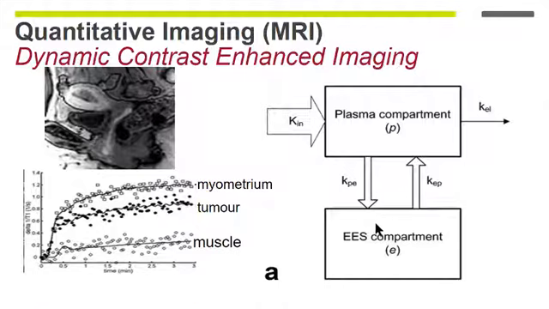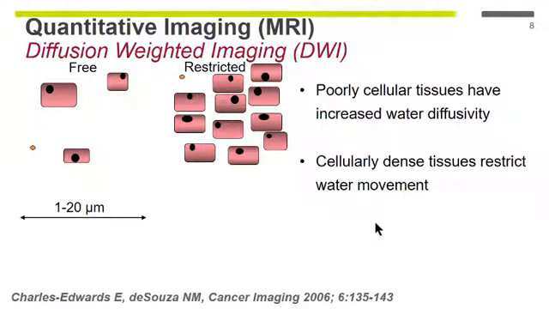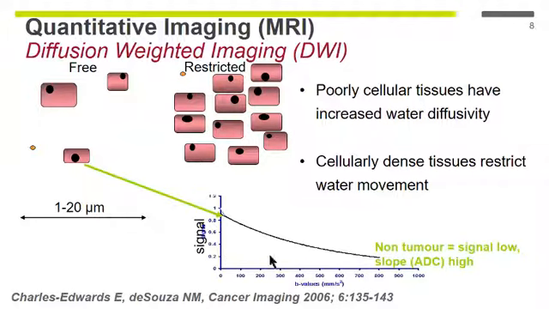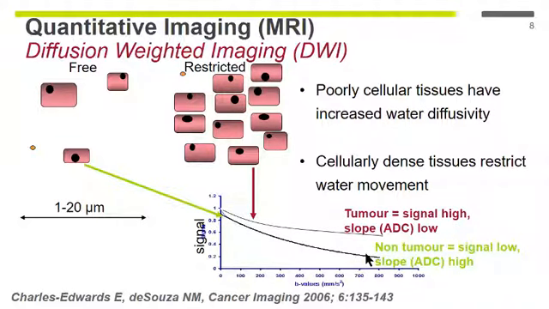A simpler way of contrast enhancement, as it were, is using the intrinsic property of the tissue, which is diffusion-weighted imaging. And again, we've heard a lot about this. It looks at the free motion of water within tissues, which is restricted in more cellularly dense tissues, which means that as we increase the diffusion weighting of our sequence, in a freely diffusing tissue, we get a diffusing away of the signal, whereas in a cellularly dense tissue, such as a tumor, the signal is retained.